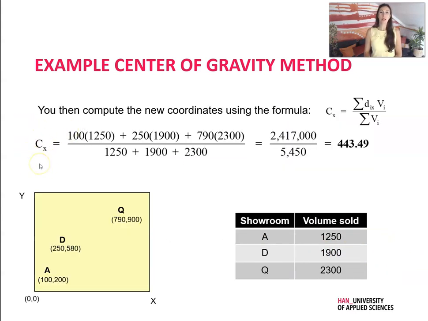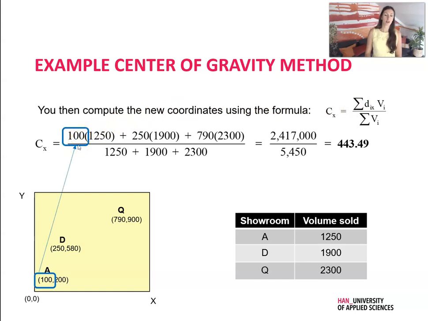First, we calculate the x coordinate, and here is our formula. We're going to have the x coordinate of, for example, location A multiplied by the volume of A, and we'll divide by all the locations' volumes together. Let's see how it works.